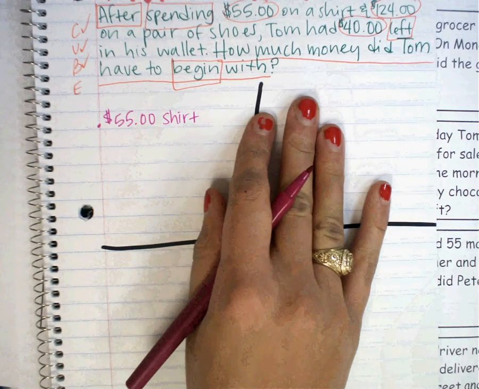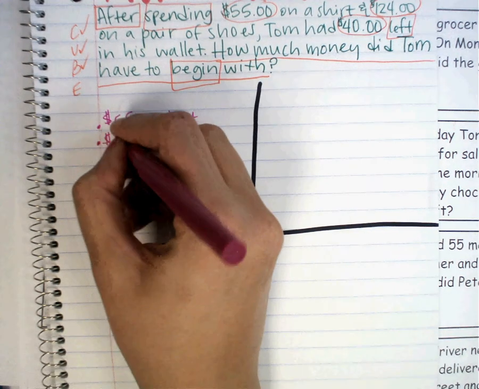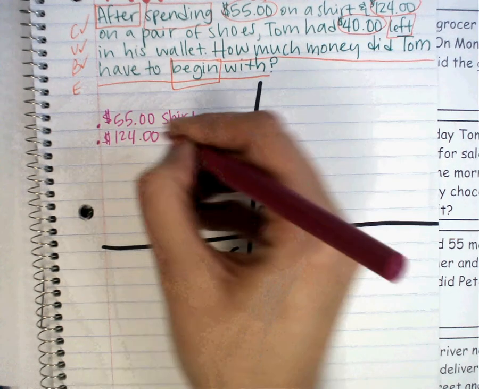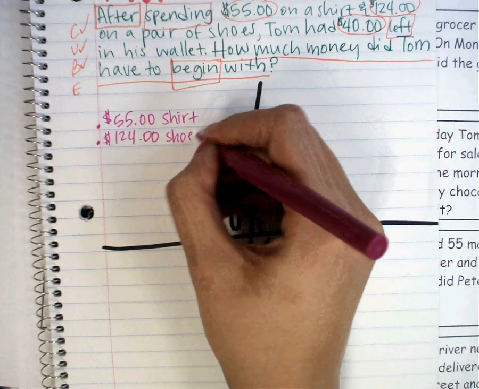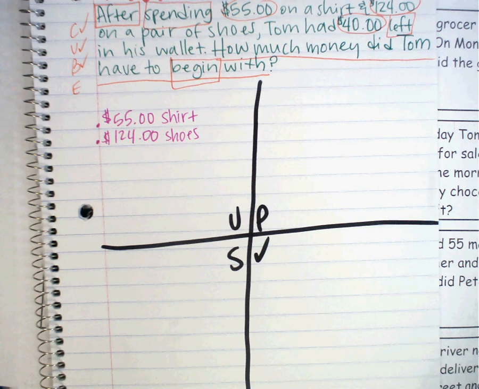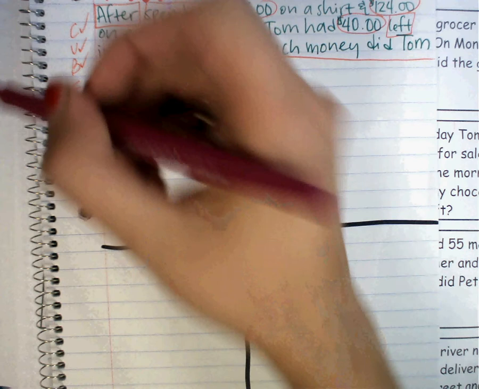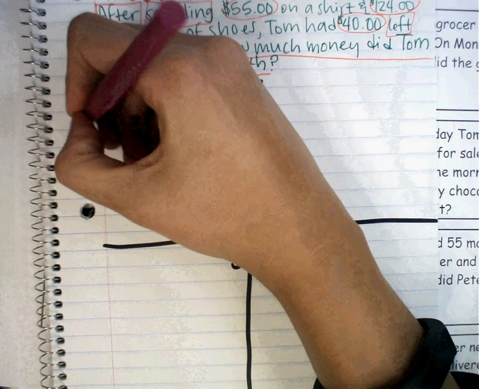He spent $124 on shoes. So this is how much he spent, right? I want to make sure that I'm including these math action words, like spending. So this is how much he spent.